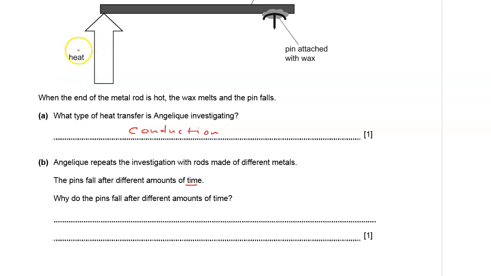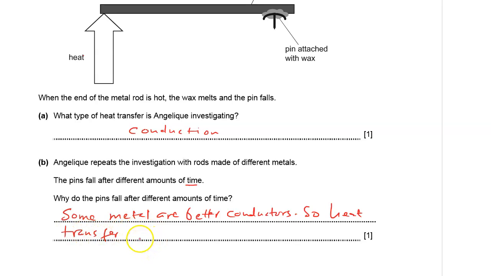So you can say that some metals are better conductors than others, so heat transfer is faster in those metals.